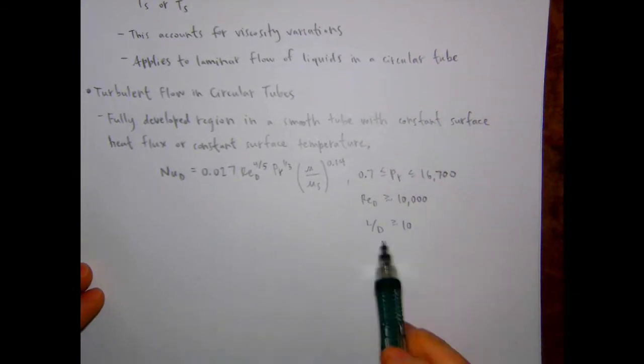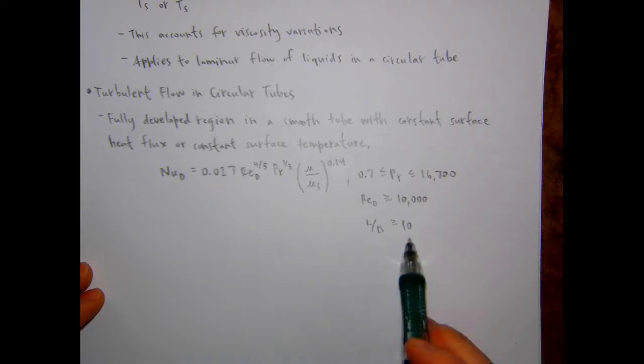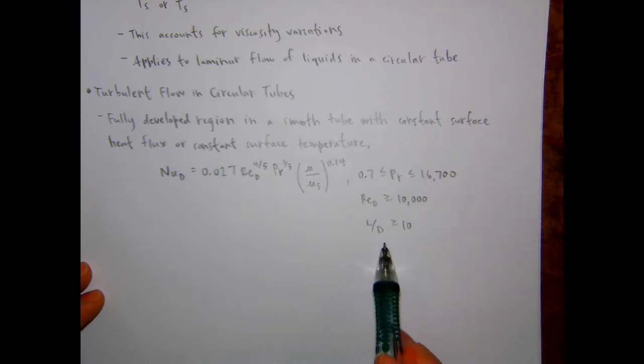And this is just saying that our entry length in turbulent flow is approximately equal to 10 times the diameter. So you would use it if your length of interest was greater than 10 times the diameter.